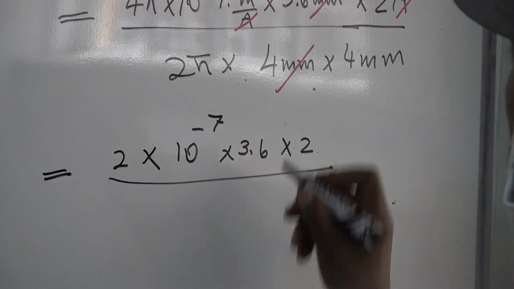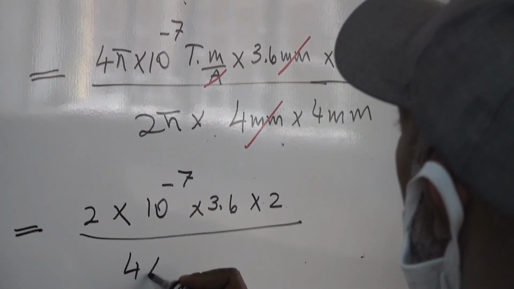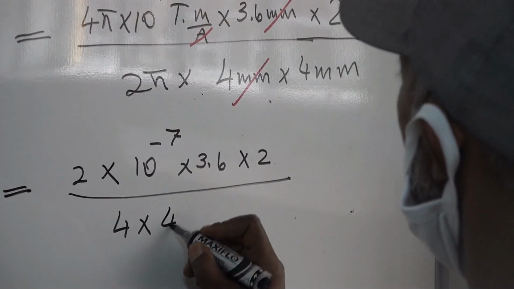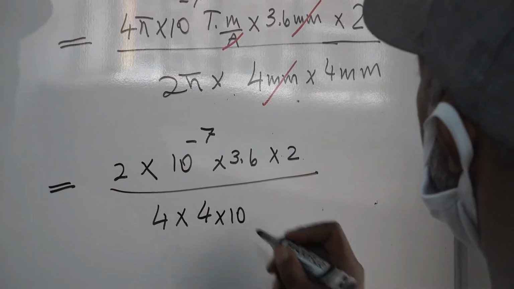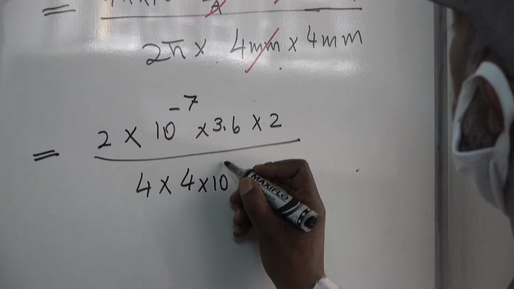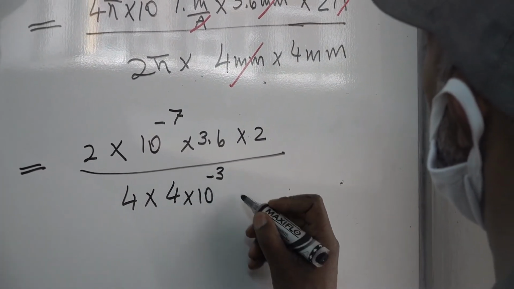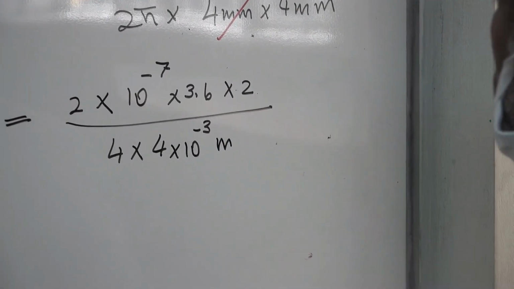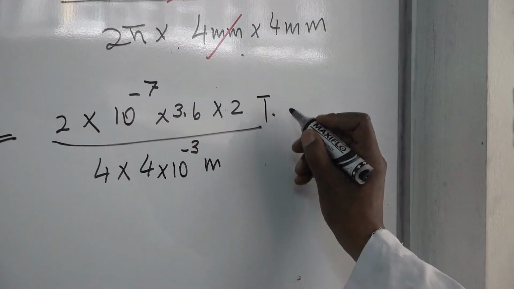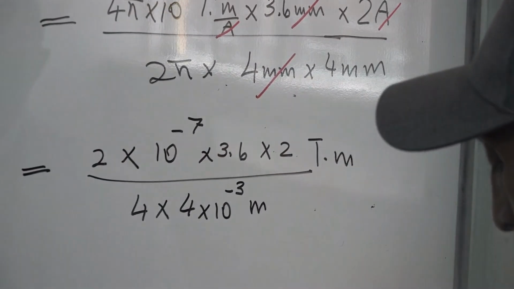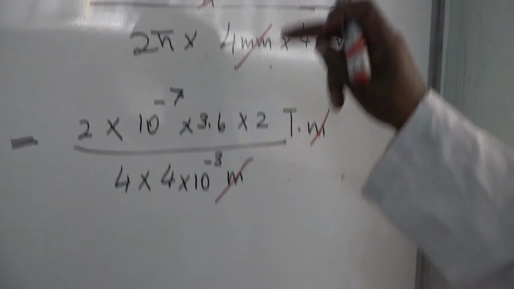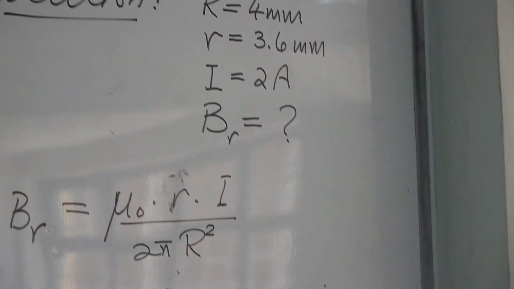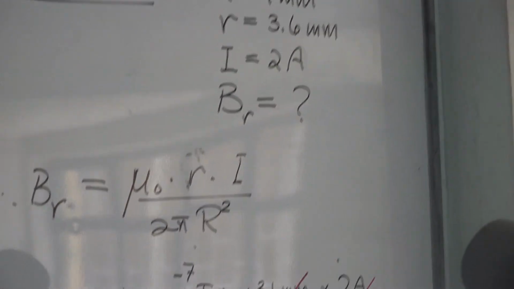So I have here 4 times 4 millimeters. Milli is a prefix, so to convert it into meters, all you have to do is use 10 to the power of minus 3 for milli. So, Tesla meter. Now you can see meter cancels meter. It was not necessary from the start to convert 4 millimeters into meters and square meters and so on.